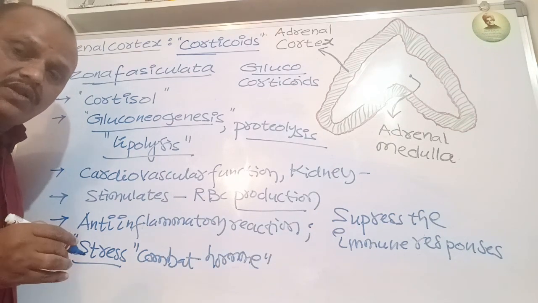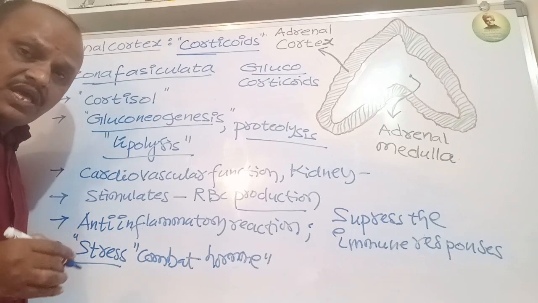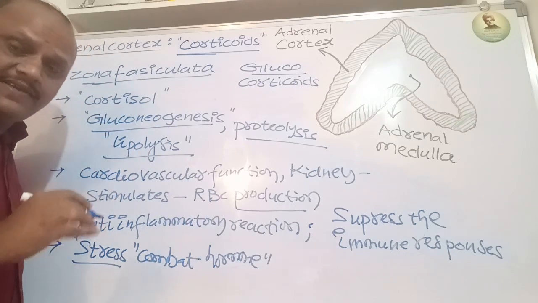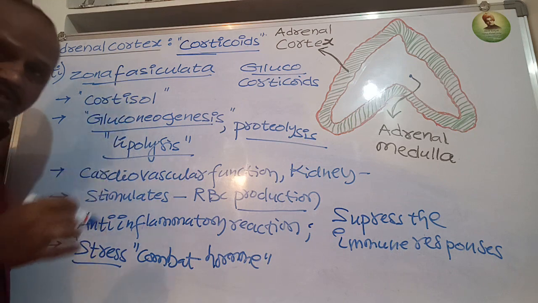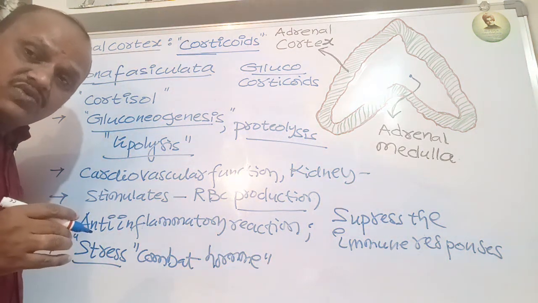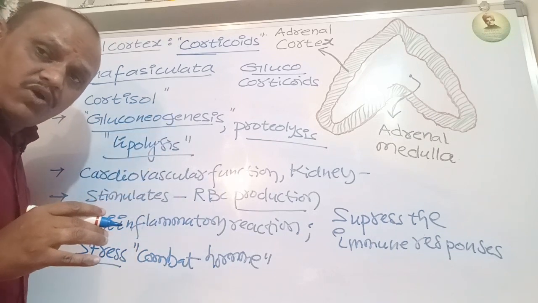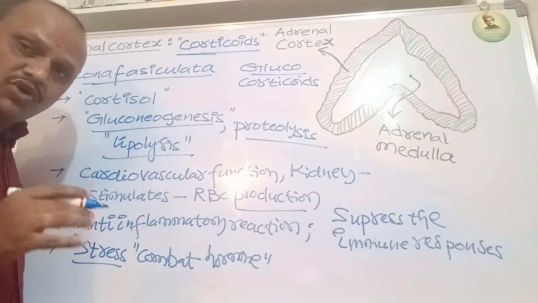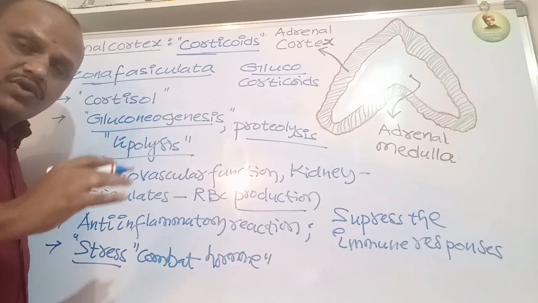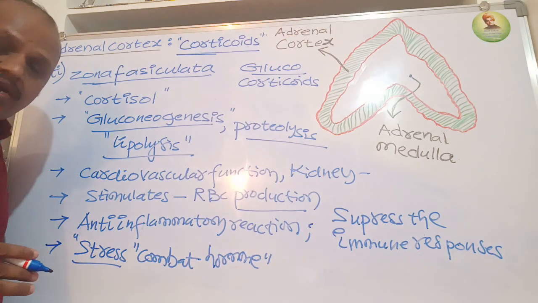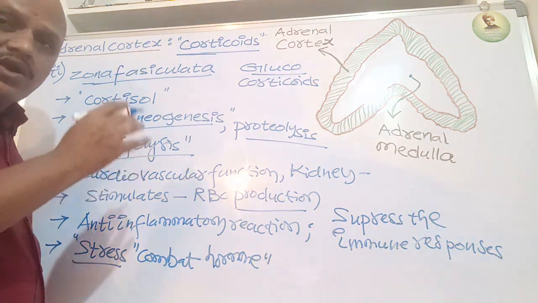Cortisol is a very important hormone secreted by the zona fasciculata. The corticoids involved in carbohydrate metabolism are known as glucocorticoids, and the chief glucocorticoid is cortisol.